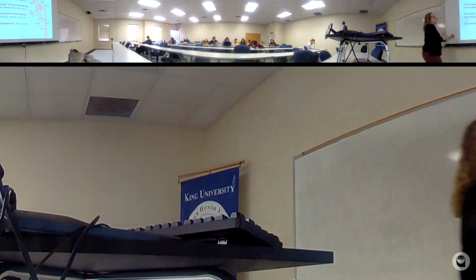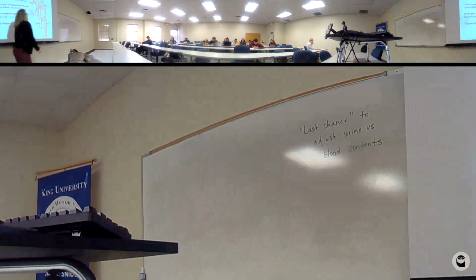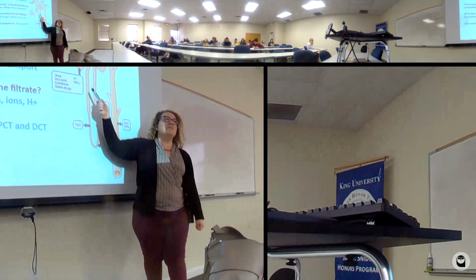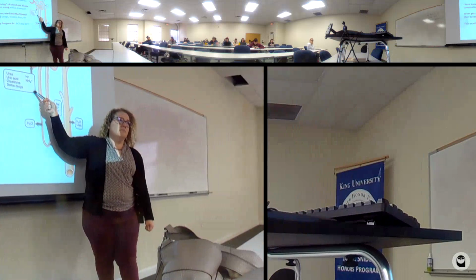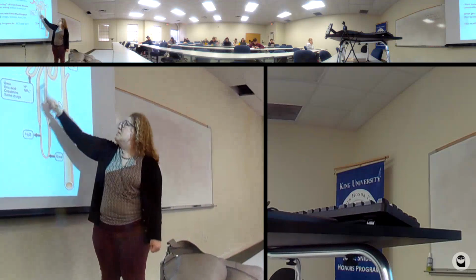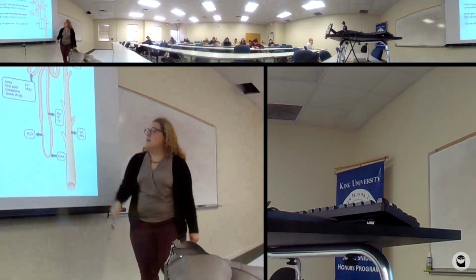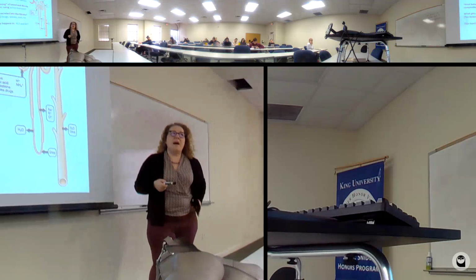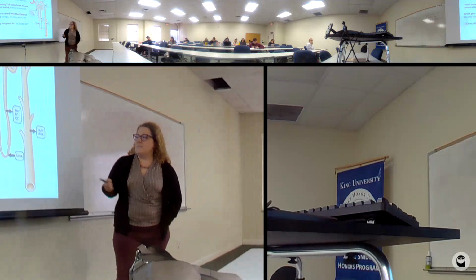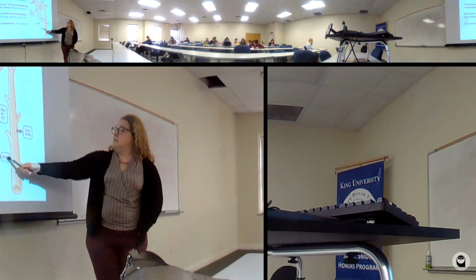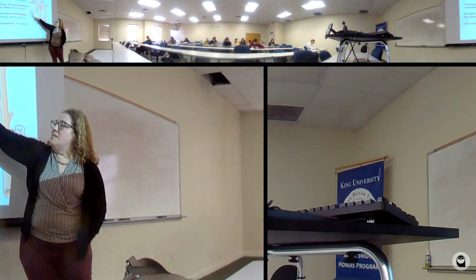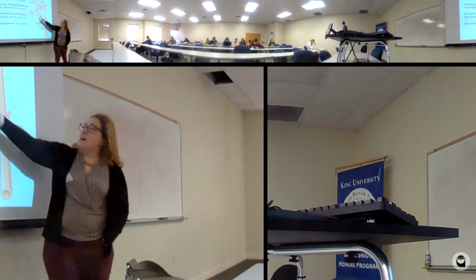But during tubular secretion, this is a process of putting stuff back in the filtrate for a final balancing. So these tan boxes are showing what tends to get moved back into the filtrate. And it tends to be wastes, like urea, uric acid, creatinine, drugs.